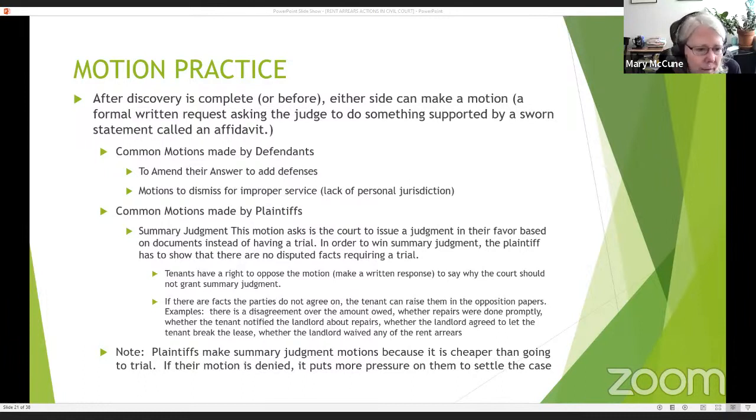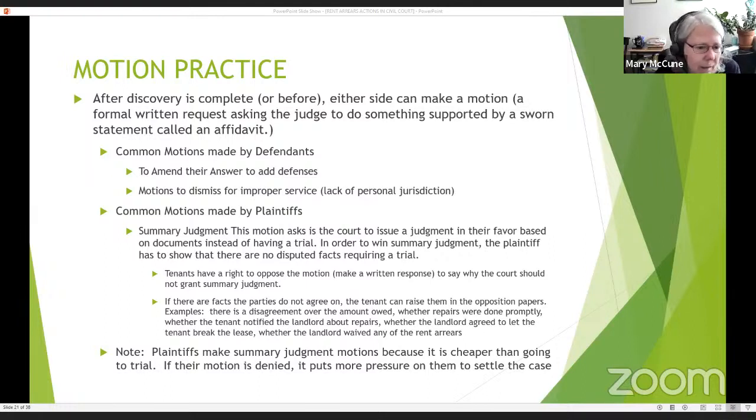So if they say in their papers that you owe the money and this, that, and the other thing, and you don't agree with that, you raise that in your opposition. For example, if they say you owe $10,000 and you think you owe $1,000 and you have receipts that they haven't credited you for. If they say they did the repairs, but they didn't, and you have pictures or there are violations, or maybe even the landlord's own documents show that they weren't done.